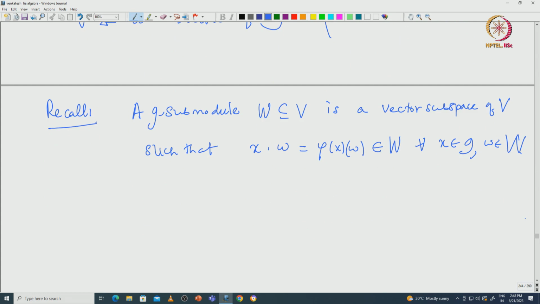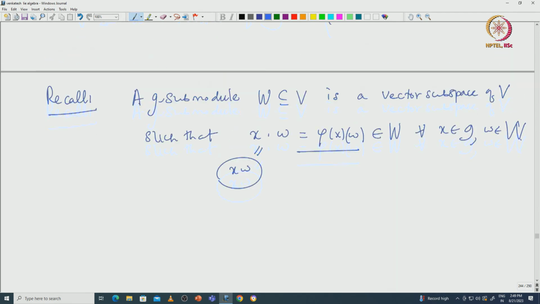Like I said, we also use this simplified notation x w to denote phi x of w or x dot w. All these notations are used interchangeably. Just for clarification, I will use this in the beginning and later I will use x w.